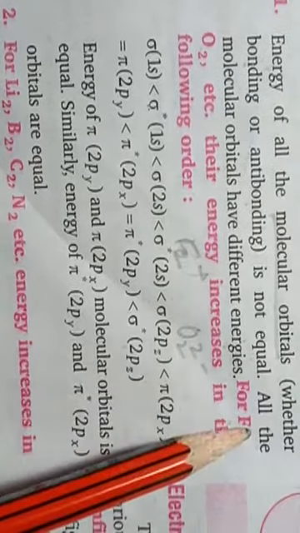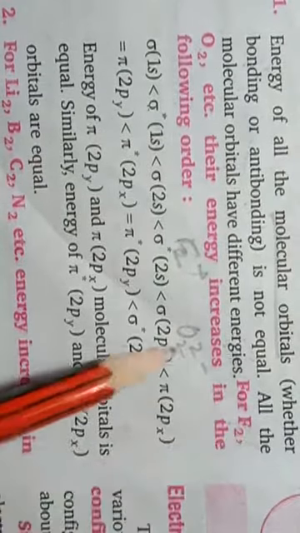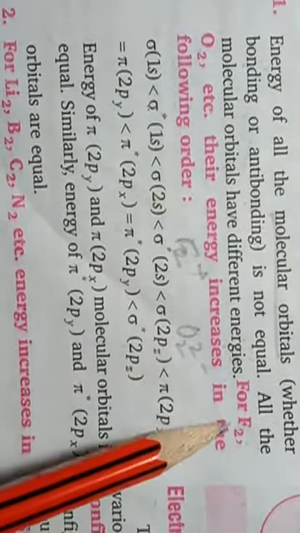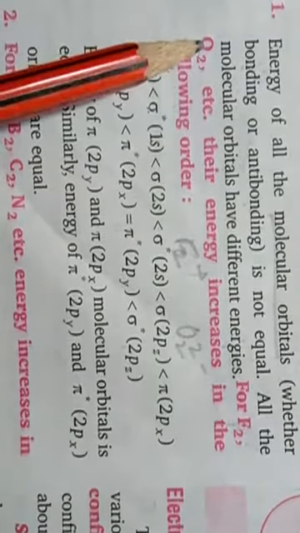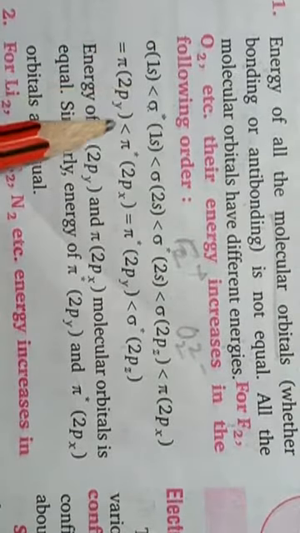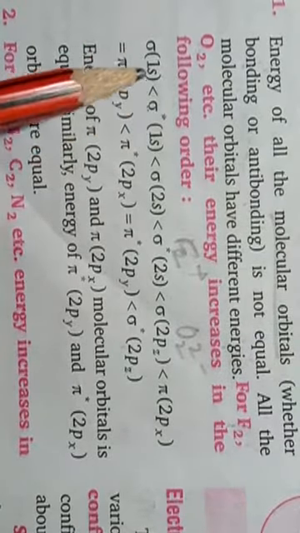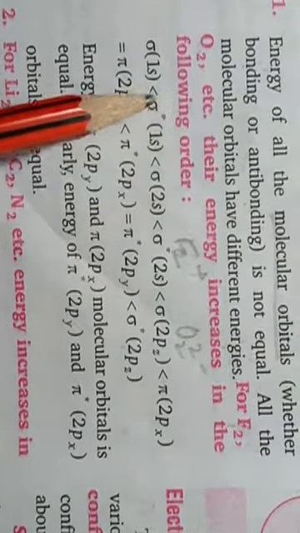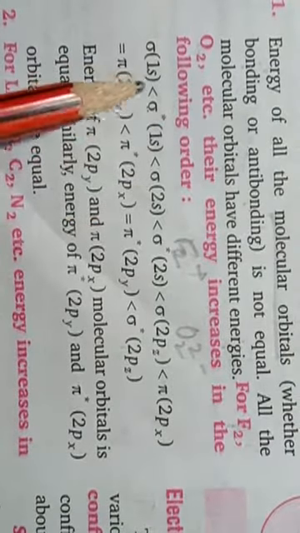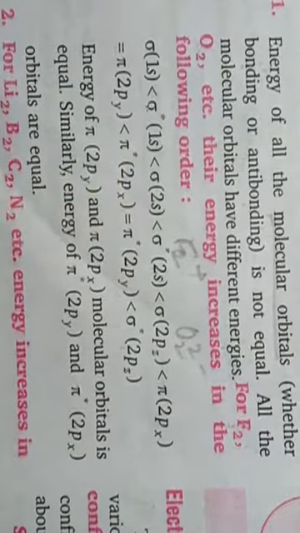All the units may be molecular or ionic. For those related to fluorine and oxygen, the molecular orbital configuration will be according to this sequence.